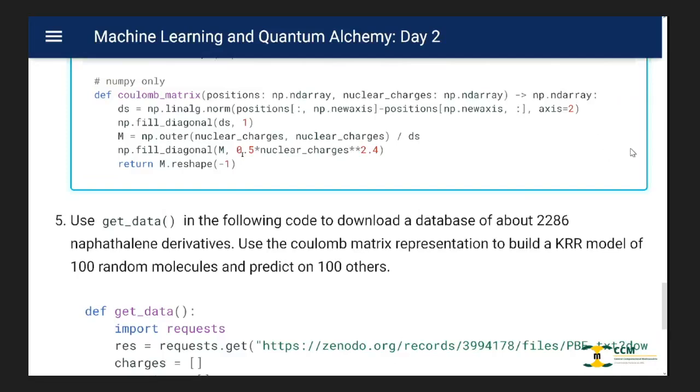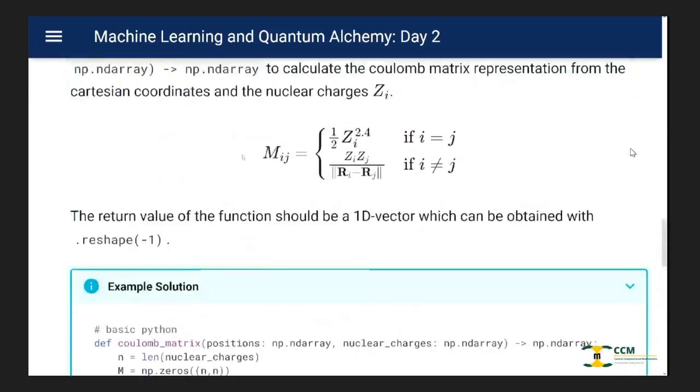Now, what we need to calculate is the product of the nuclear charges, right? So the ith and jth entry of the off diagonals have the ith and jth nuclear charge as a product. And how do you call this?